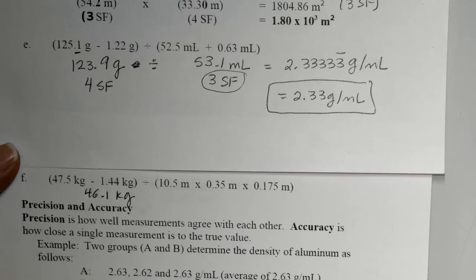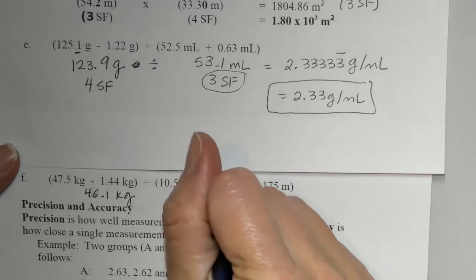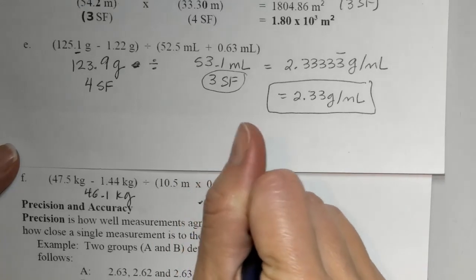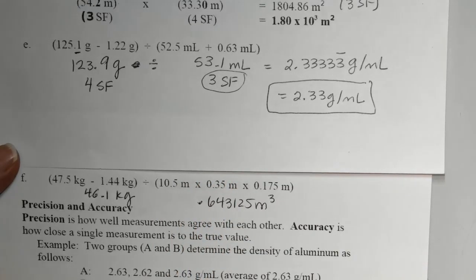Let me do the parentheses. I've got 10.5 multiplied by 0.35 and then multiplied by 0.175. So calculator here gives me 0.643125, and that would be meters cubed because I'm multiplying all of those together. Then what I would do next here is I'm just going to divide.